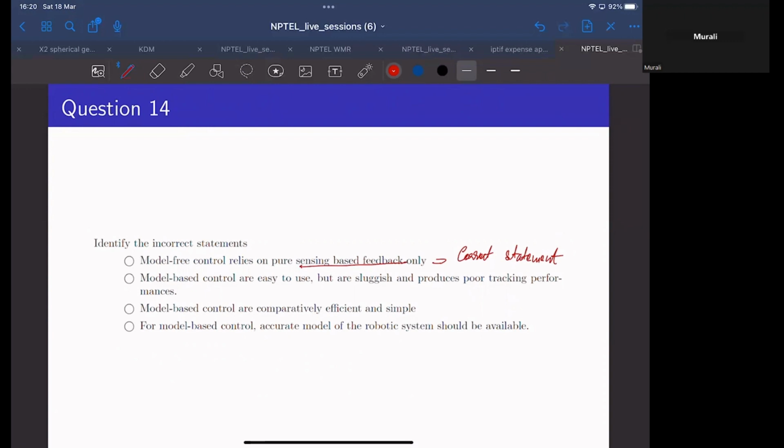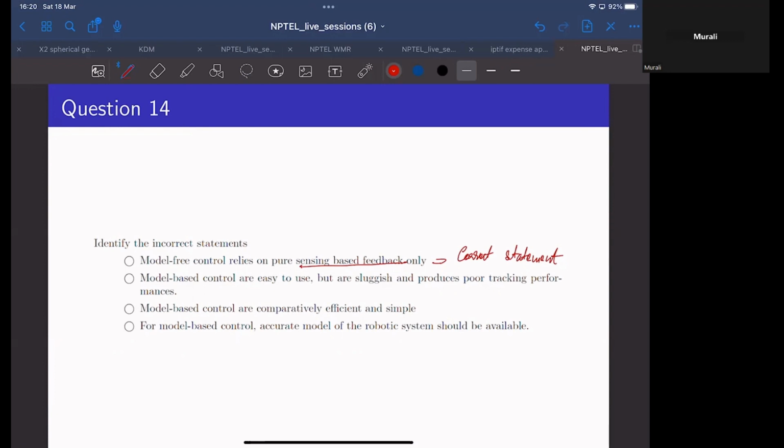The second statement says model-based control is easy to use, but is sluggish and produces poor tracking performance. See, model-based control is much faster than motion-based. It's not sluggish actually, but it has its own limitations.